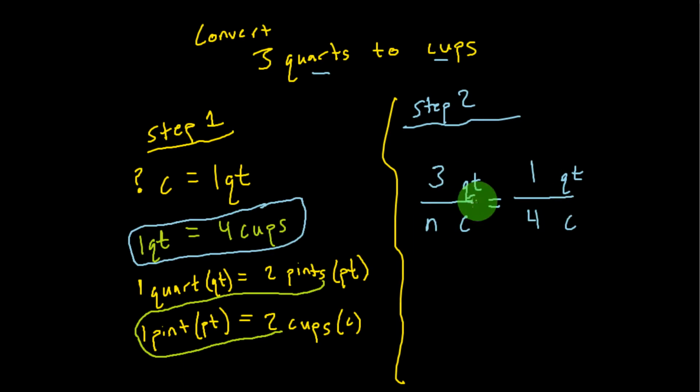So 3 is to n as 1 is to 4, and we're going to take the cross products. I have 1 times n set equal to 3 times 4.